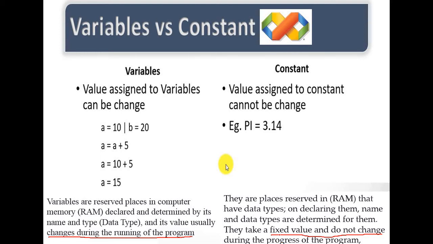So this is the only difference: variables change during the running of the program, but constants are fixed values and do not change during the progress of the program. Like the area of the pie, it is a fixed value.